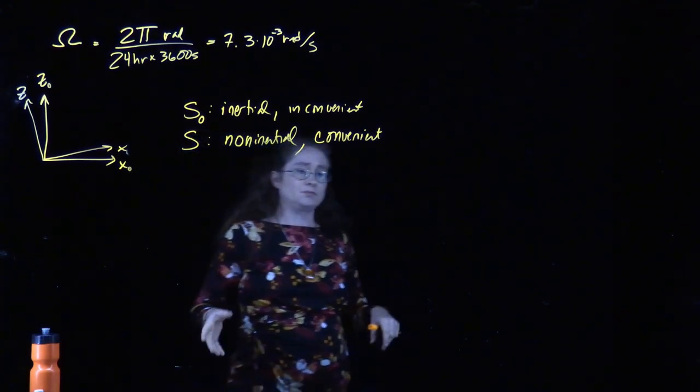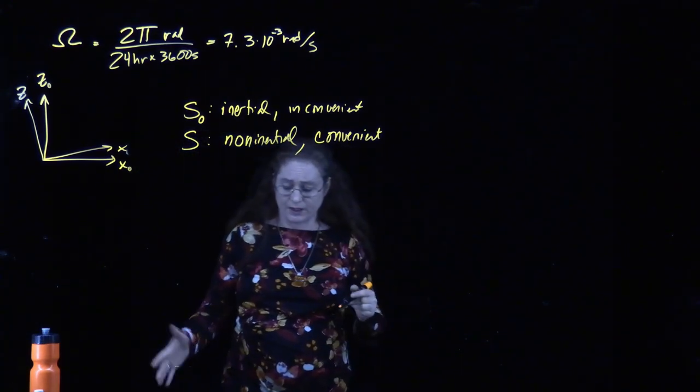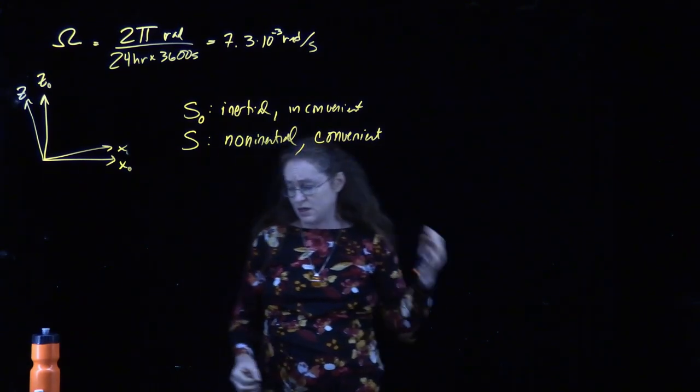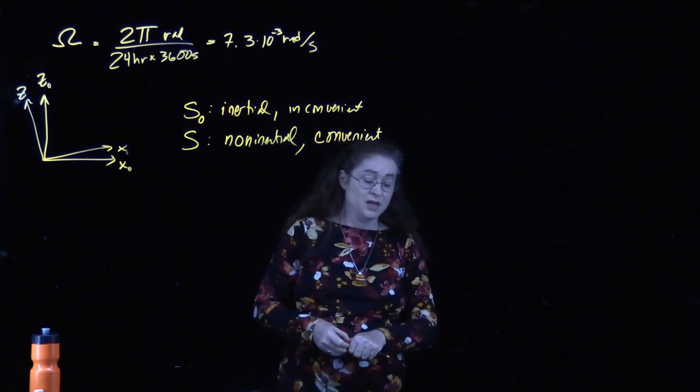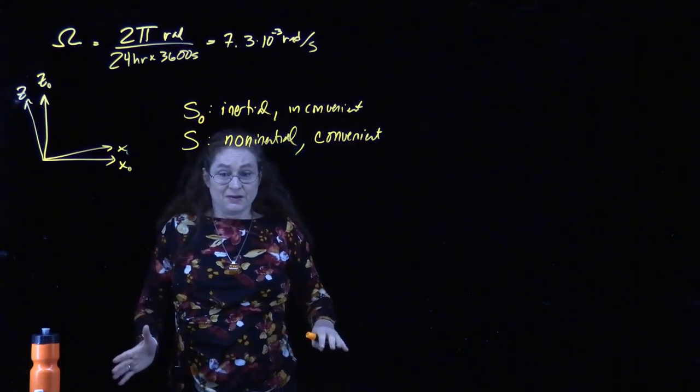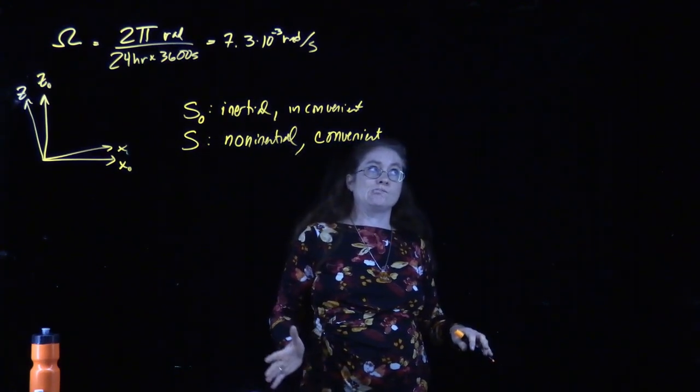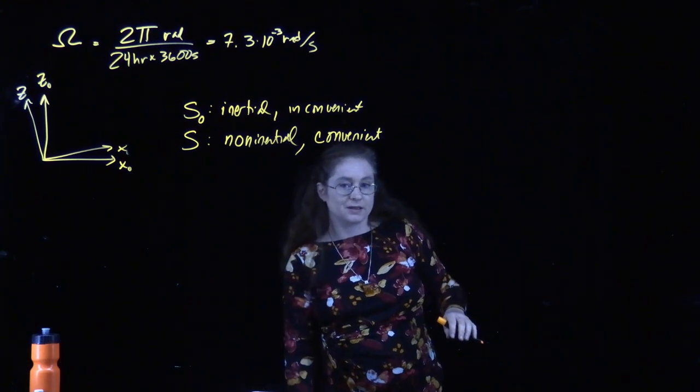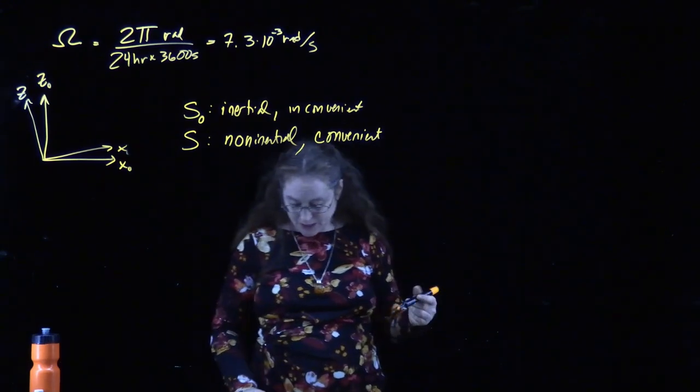So whatever reference frame we're working in, and this is drawing on a little bit of linear algebra. Not everybody has had linear algebra, so take it on faith if you have not had linear algebra yet.